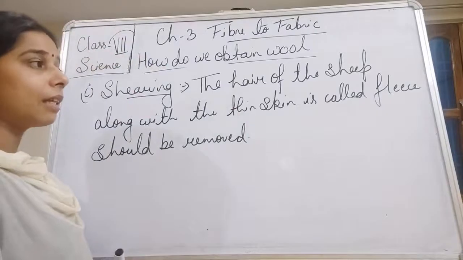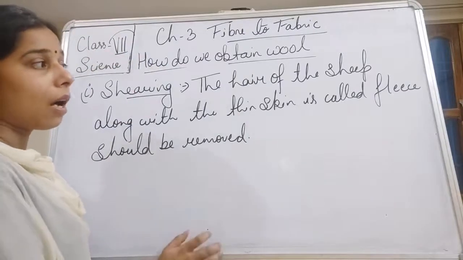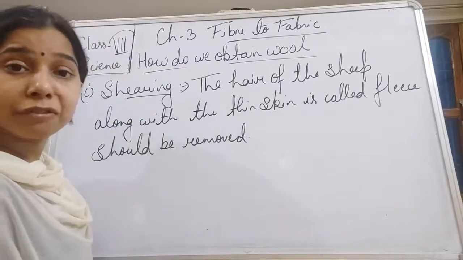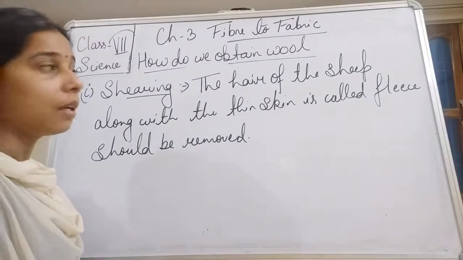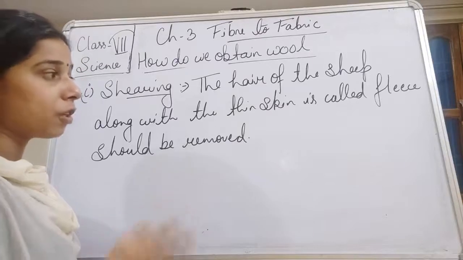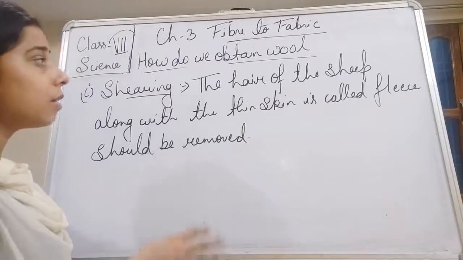So the thin skin present on the outside, which we call a fleece, should be removed from the sheep, and this process is called shearing.